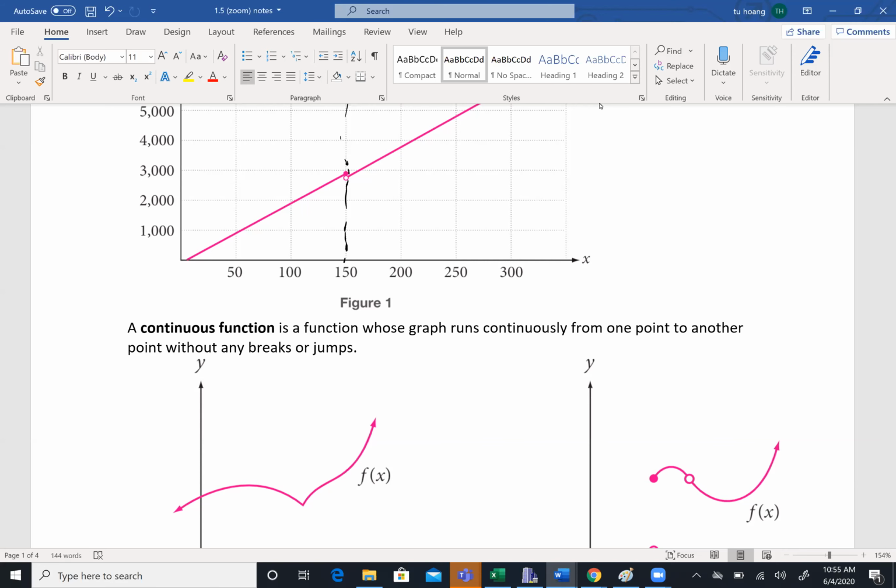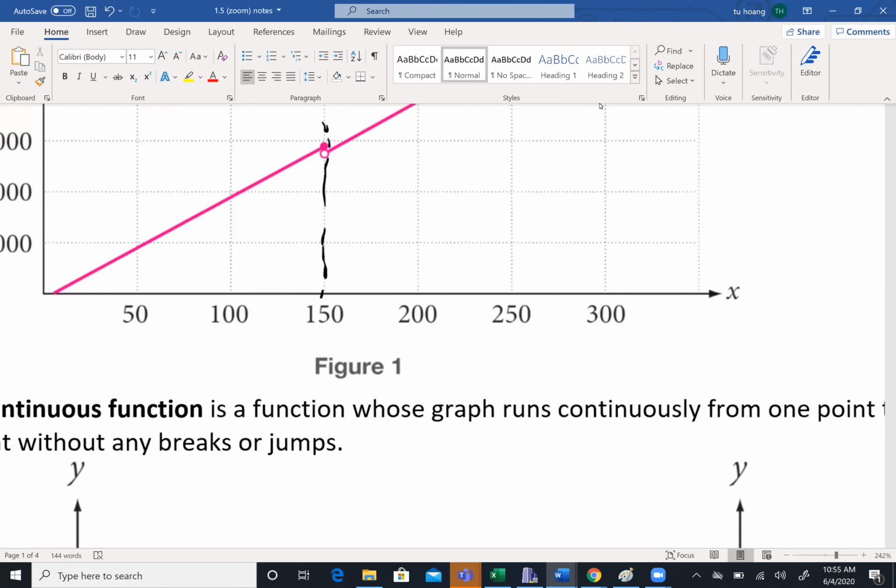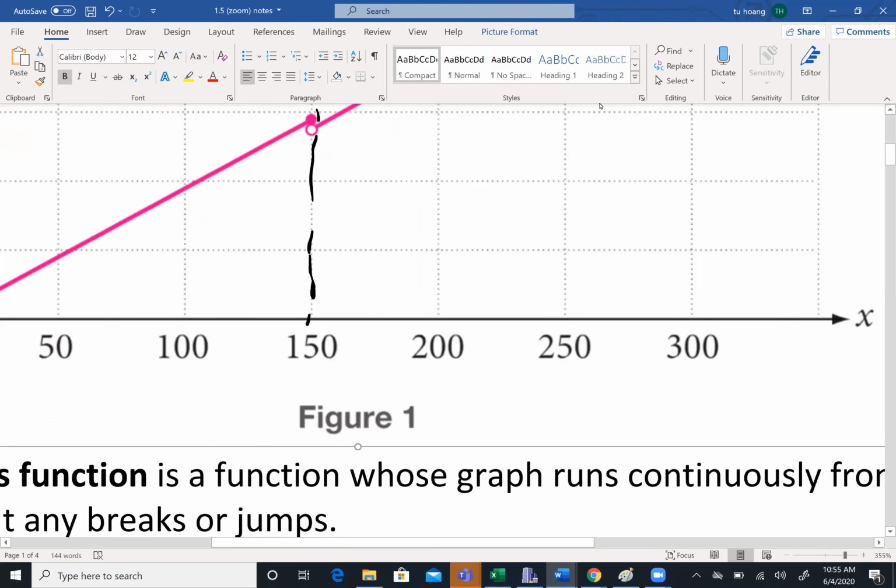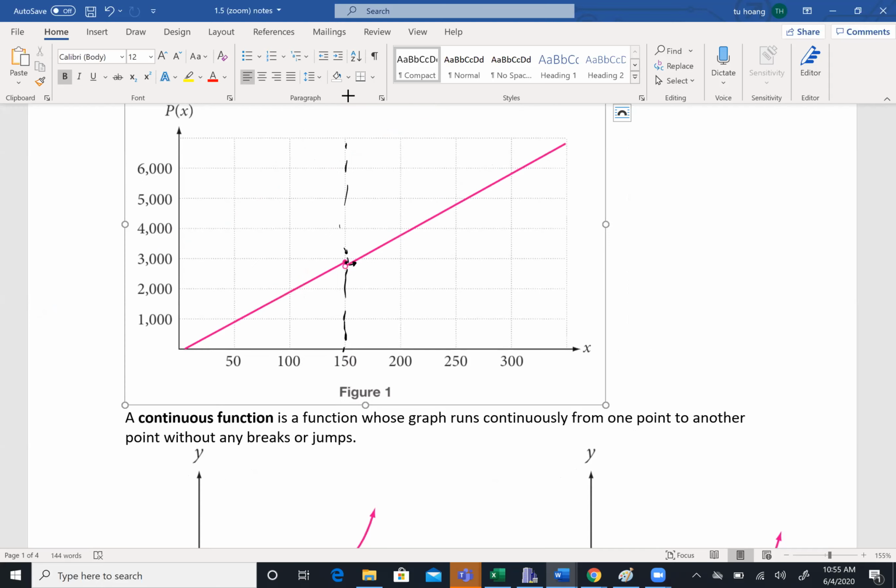When I make it bigger here, you see that the graph comes up to here and jumps down a little bit to move to the second part. So this is also called a jump and also called a breakdown. That's fine.